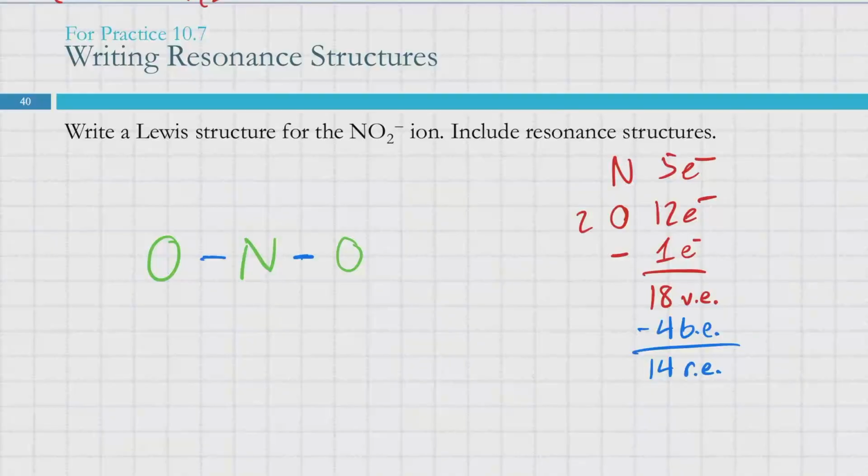We can start adding those from the outside, working our way in. Each of these oxygens has room for 6. So we're going to do minus 6 electrons to oxygen the first, minus 6 electrons to oxygen the second, just left and right respectively.